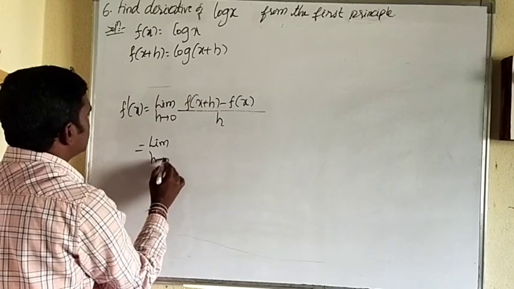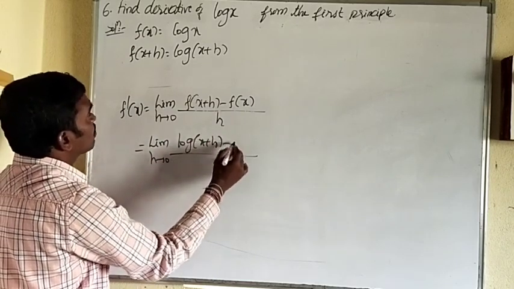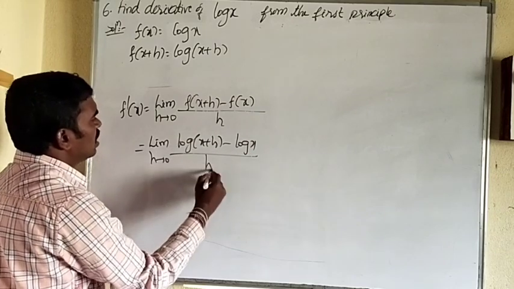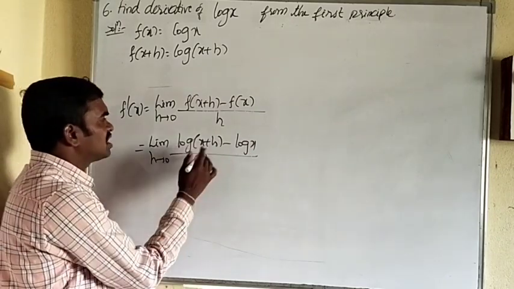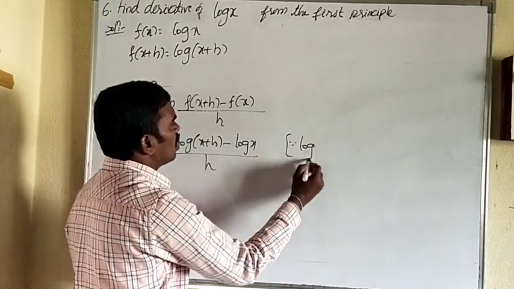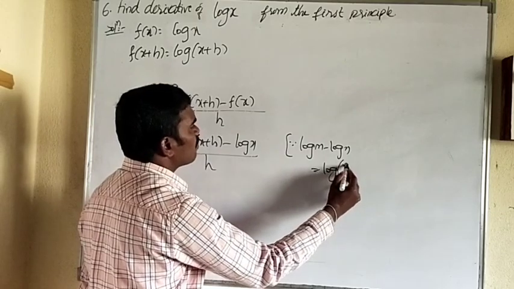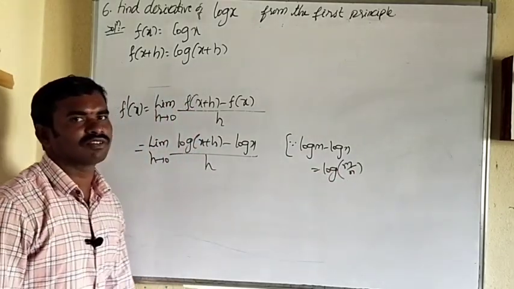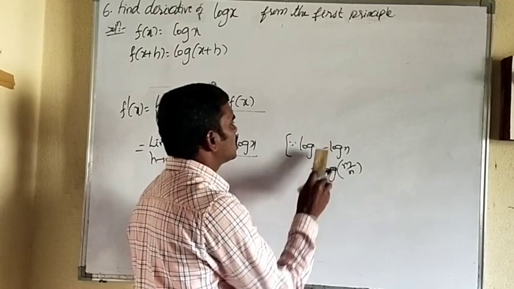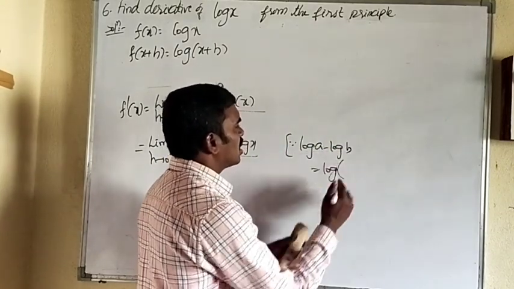So h tends to 0, f of x plus h means log of x plus h, and minus f of x means log x, by h. This is the form of log m minus log n. So log m minus log n is equal to log of m by n. This is the logarithm formula. Or somebody writes log a minus log b is equal to log a by b.